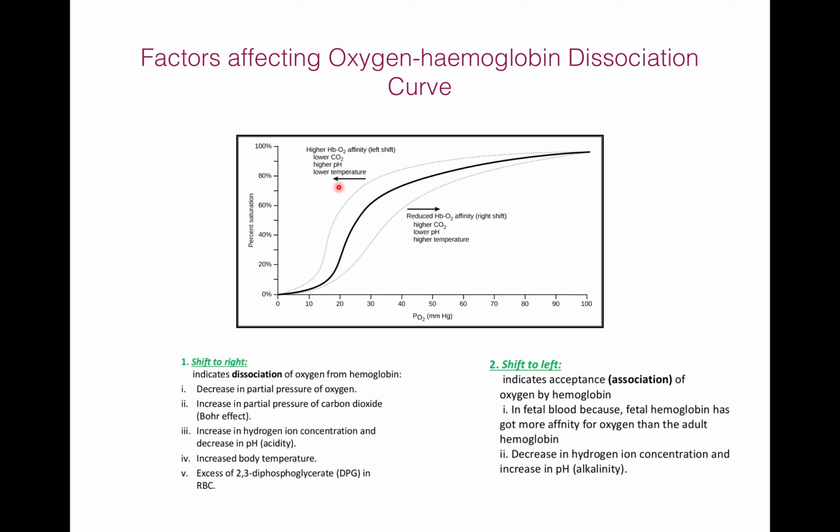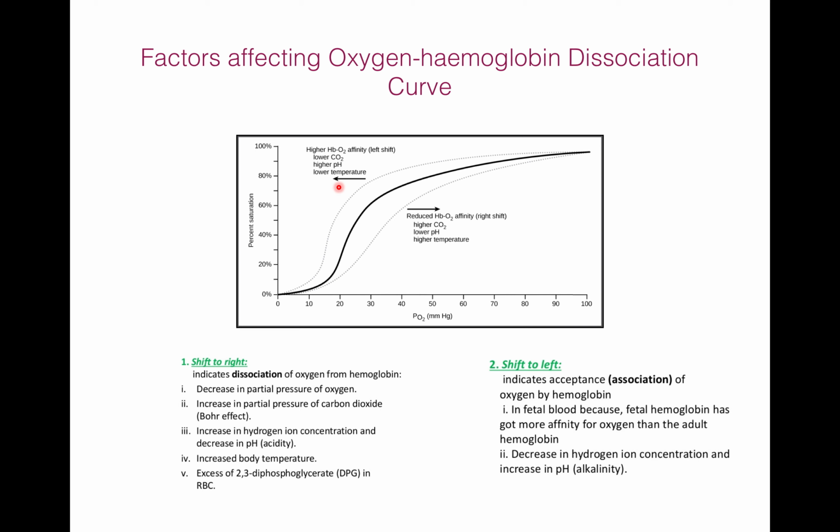While passing through the tissue capillaries, the hemoglobin releases about 5 ml of oxygen per deciliter of blood. So the venous blood still has about 14.8 ml of oxygen. It is still 75% saturated at 40 mmHg.